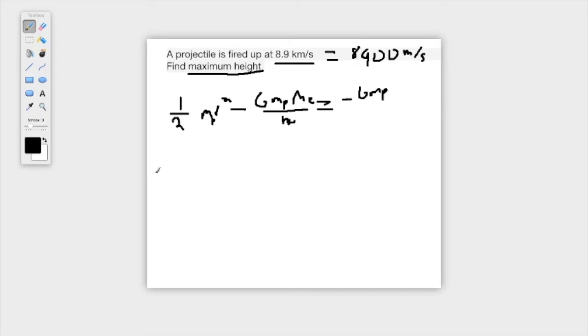Like if I were to draw it, this right here is h, but this right here is r, and we usually use h plus r when we're solving these problems, which we are gonna do, but we're gonna try to solve for h. So GME MP over RE plus h.